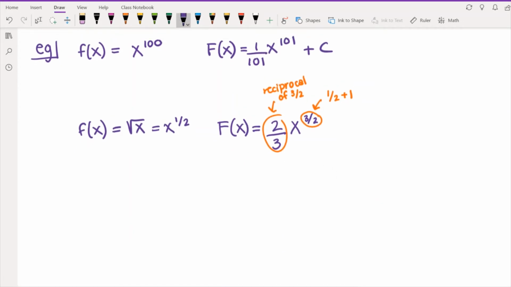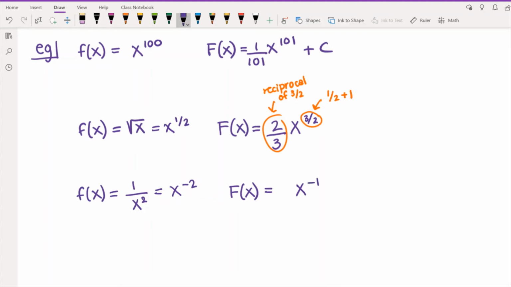Okay, let's do a couple more examples. The next one will be 1 over x squared. How do we write that in exponential form, or power form? We write it as x to the negative 2. So the antiderivative, if we follow the rules, is going to be, so the new exponent is going to be negative 2 plus 1.